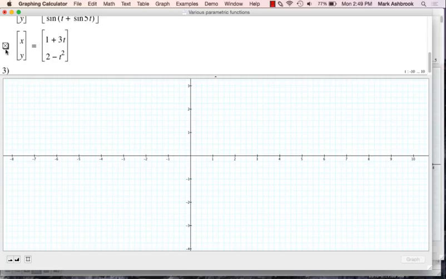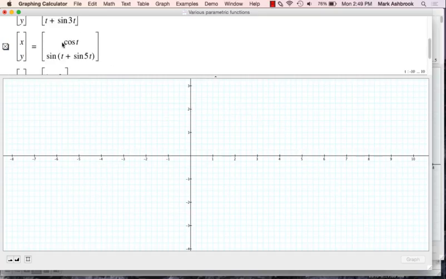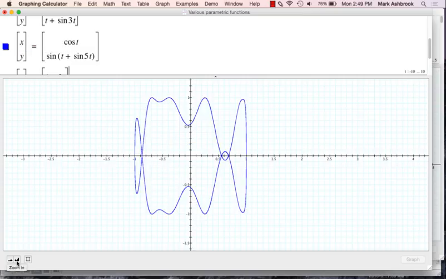Okay, so we can get all the kinds of things like we saw a cubic. Here's an example of a quadratic. x is 1 plus 3t, y equals 2 minus t squared. That'd be easy to, again, solve for t in x, plug it into y, and you get a standard parabola. Okay? Here's cosine t and sine of t plus sine of 5t.